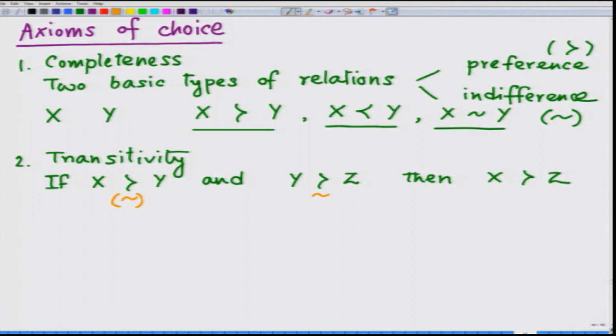So, any preference relation can be adopted to define transitivity.